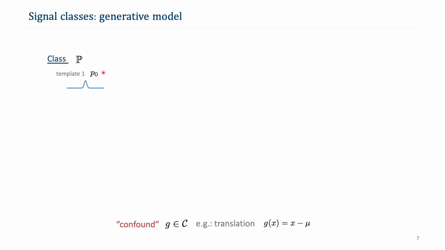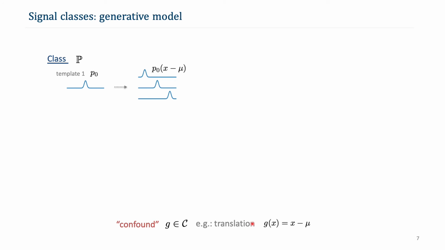And now the signals inside class P are observed under the presence of what we call some confound, some function G that belongs to perhaps some class of functions C. Perhaps in this example we'll use G being some kind of translation, with mu here perhaps some random translation parameter.